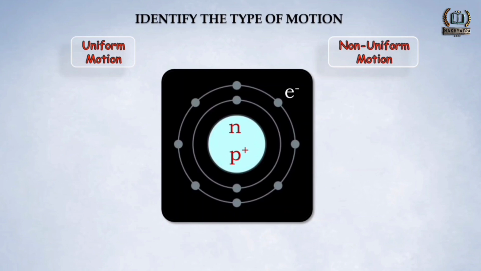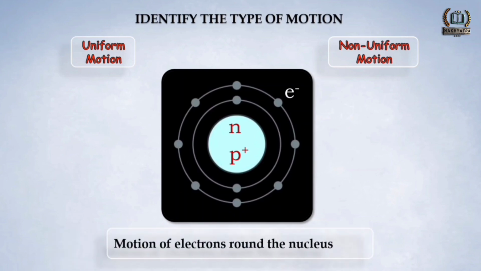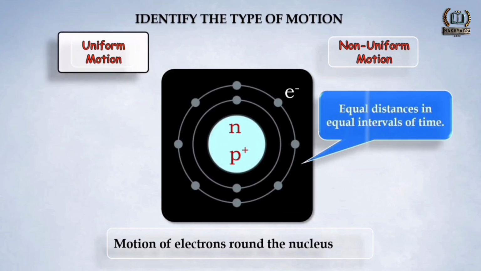Here the motion of electrons around the nucleus. Now tell me whether it is in uniform motion or in non-uniform motion. Apparently it is in uniform motion because it covers equal distances in equal intervals of time.